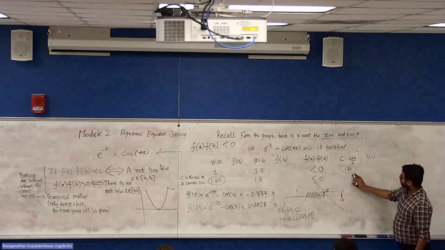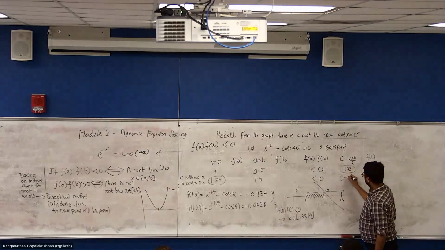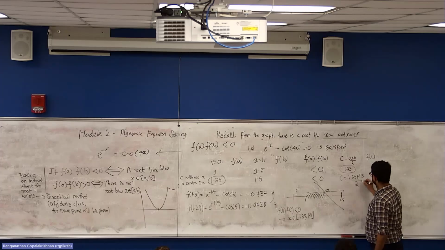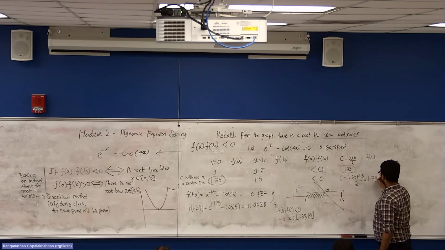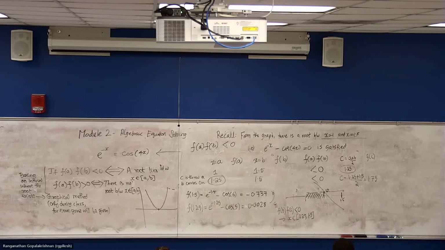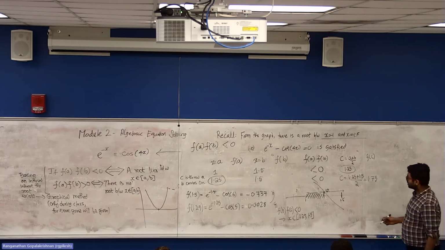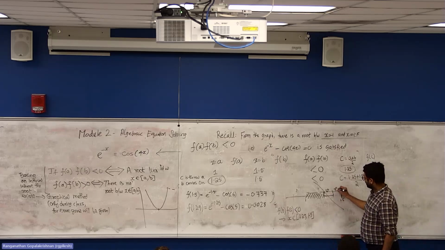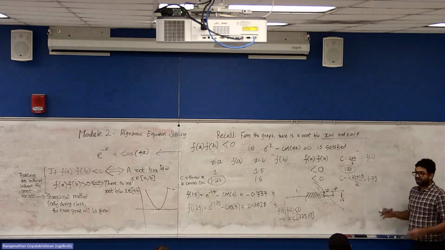So the C value would be 1.25 plus 1.5 divided by 2, equal to 1.75. So you've now boxed it even closer. The only question is whether it is between 1.25 and 1.75, or between 1.75 and 1.5.